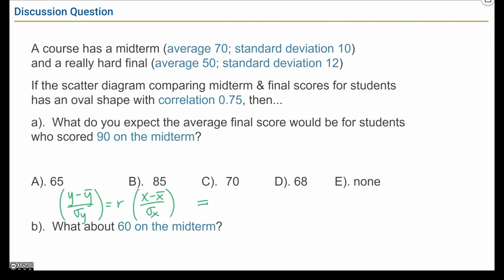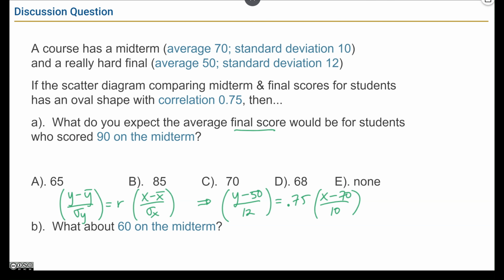So first, I'm trying to solve for what I would expect as my output y here, because I'm trying to predict the final. So I see the average on the final was a 50, standard deviation was 12, the correlation's 0.75, and then I have x, which I'm going to put in just a minute. x minus 70 over 10, that was the standard midterm score.